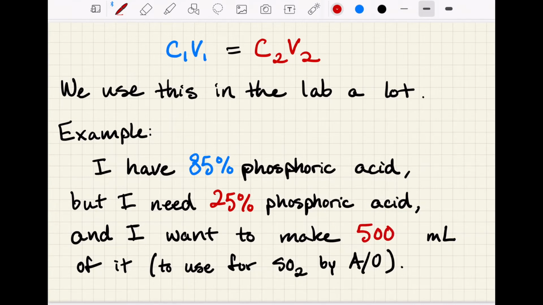This is also applicable in a wine lab. If you are running aeration oxidation to measure your SO2, you will need 25% phosphoric acid. So being able to dilute from one concentration to another is very important, not just in winemaking, but in the lab as well.